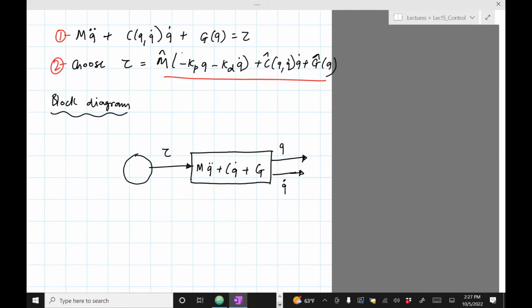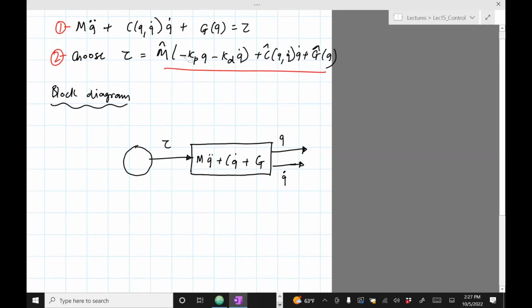So we would have C, G, and somewhere there's M. So we can take these things. We'll multiply Q dot with KD. We have Q, we'll multiply with KP. Okay, then we have to sum these. So this is the sum.